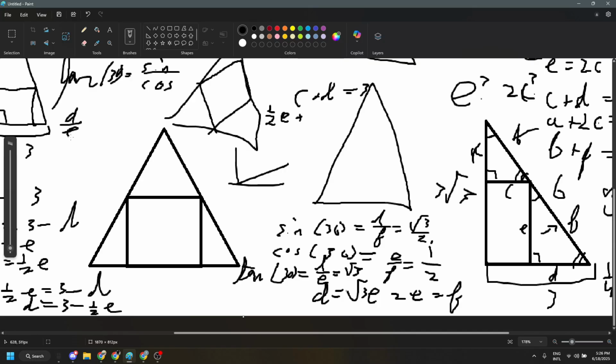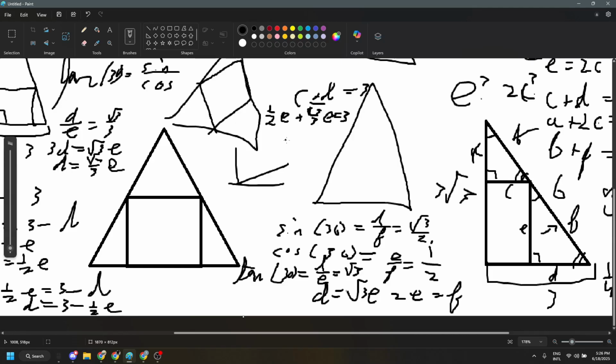So D over E is equal to √3/3. 3D is equal to √3 E. D is equal to √3/3 E. Okay. √3/3 E is equal to 3.